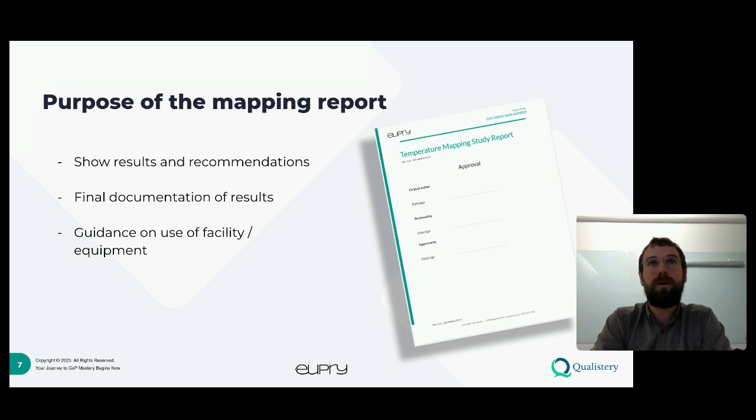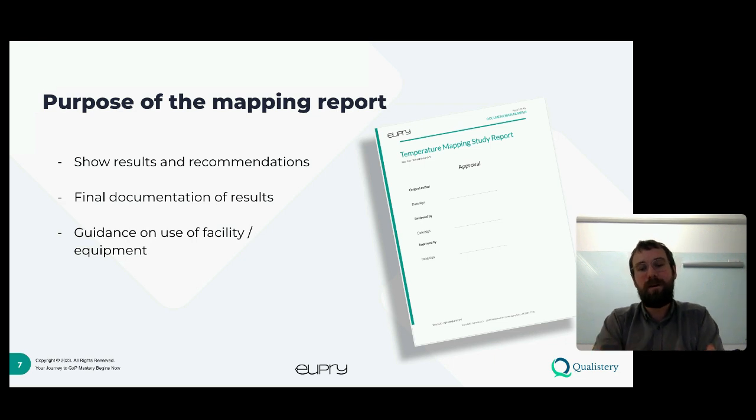Secondly, the purpose is to be the final documentation. That's also a point sometimes that we see people missing: the report is the final piece of documentation on the mapping studies. That also means that if you have any recommendations, conclusions, findings, or whatever, the mapping report should basically be updated.